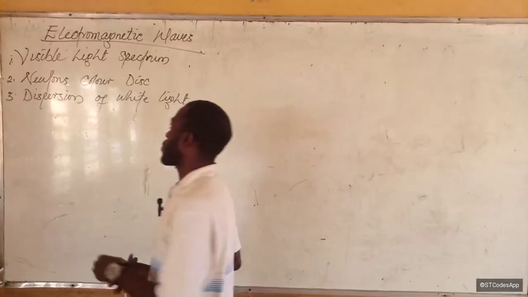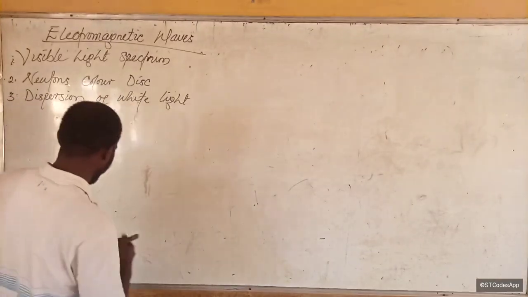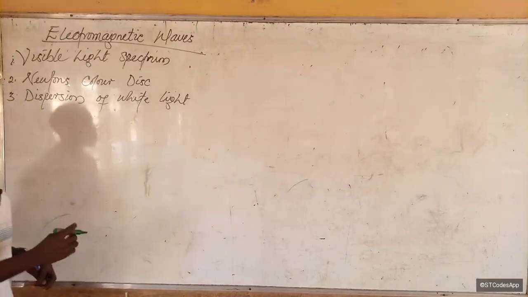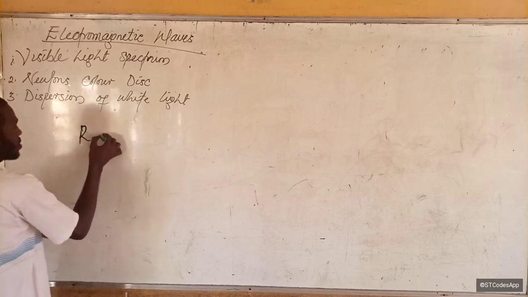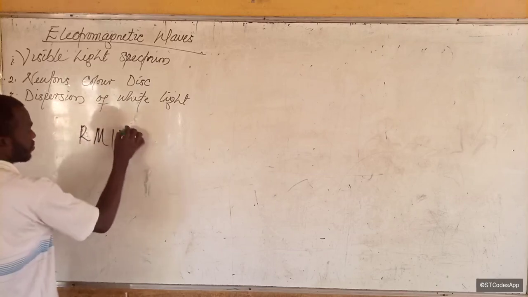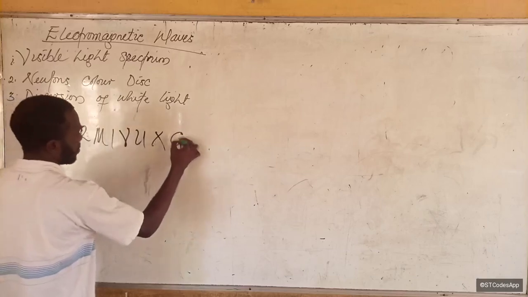All right, now, what is the visible light spectrum? We already know that the electromagnetic waves comprise the following: the radio wave, microwave, the infrared ray, the visible light, the ultraviolet, the X-ray, and the gamma ray.